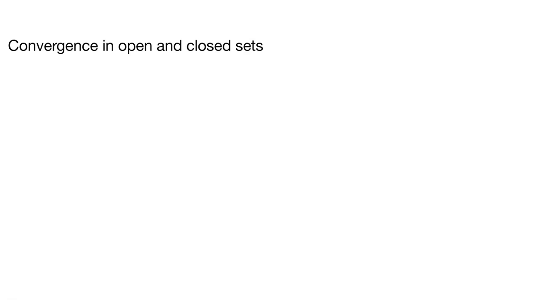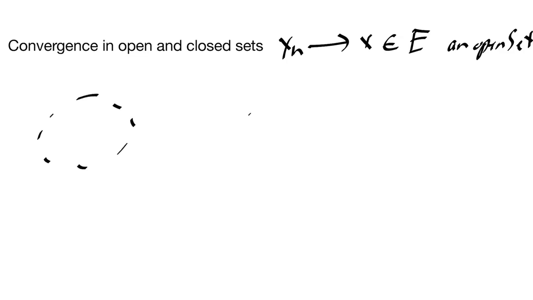There are a couple of ways of thinking about convergence in open and closed sets, and one way is thinking about this. So suppose xn converges to some x in an open set E. What that means is that I have some open set here, E, and then I have some point x inside of it, and then I have my sequence xn converging to it. Well, notice I can actually redefine my definition.